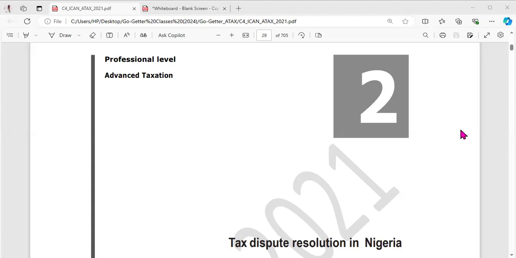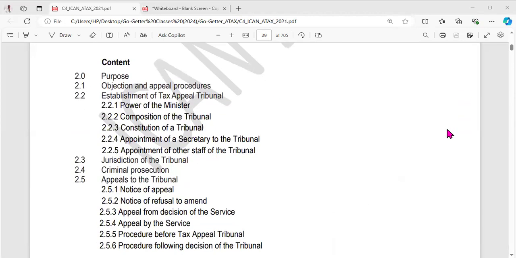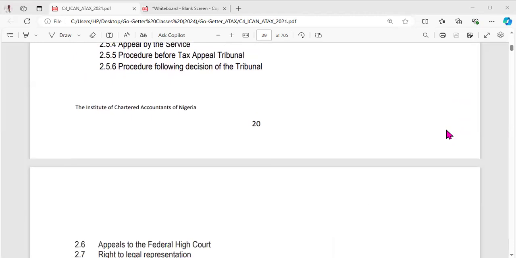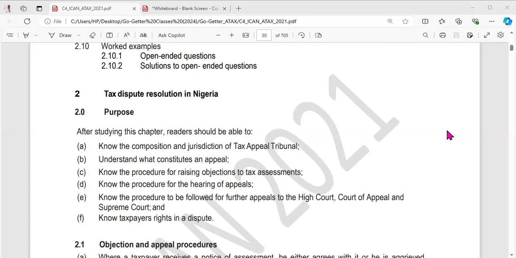Today, the topic under consideration is tax dispute resolution in Nigeria. So, what are some of the things we stand to gain in this class? We are going to be looking at the composition and jurisdiction of the Tax Appeal Tribunal. We will also understand what constitutes an appeal.